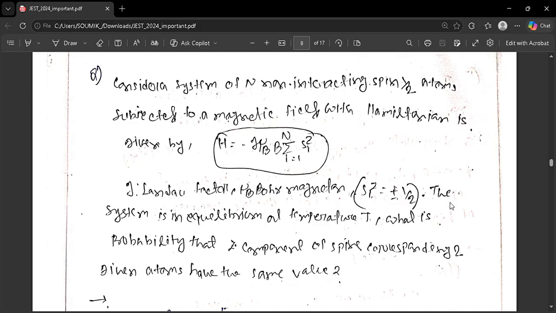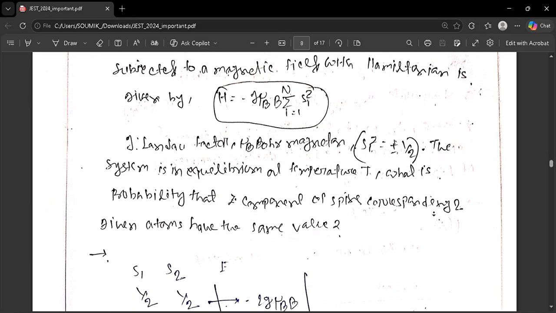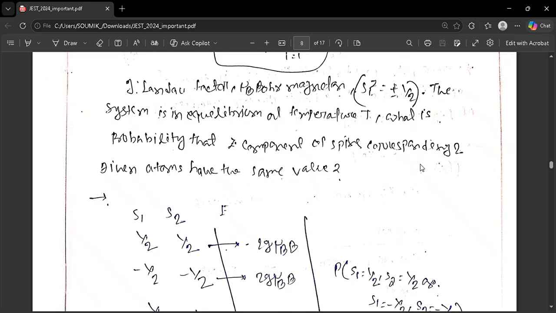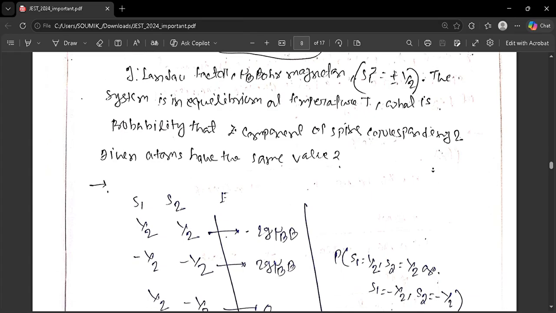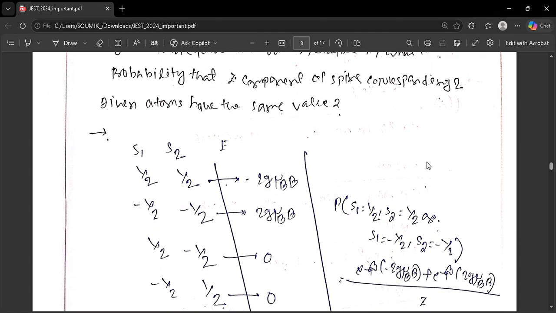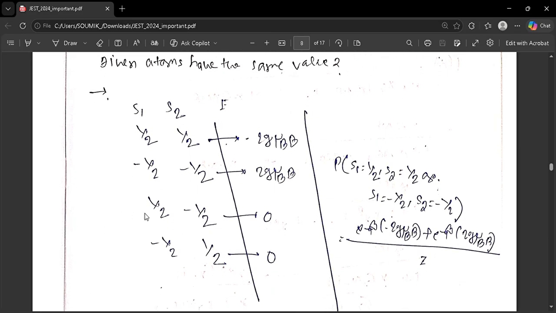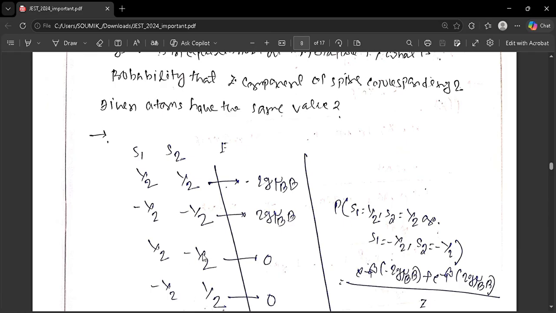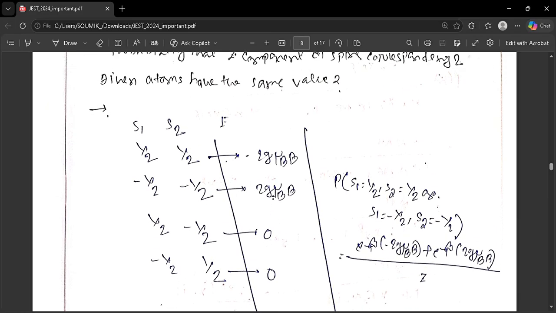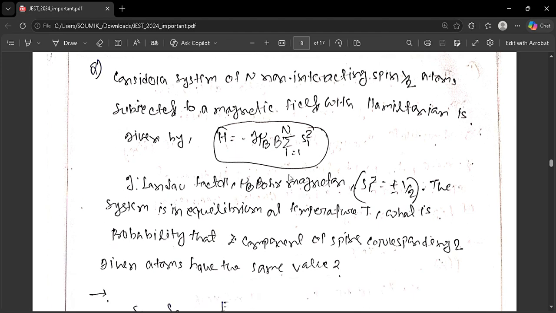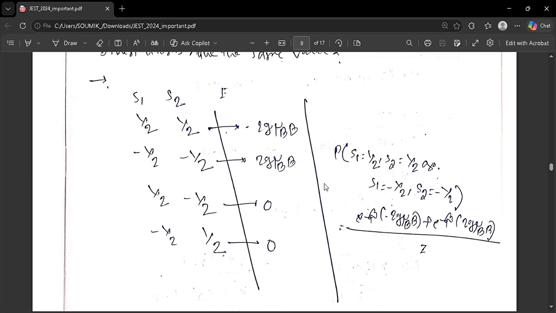Basically we have two atoms, and if we take S1 and S2 as their corresponding z component spins: when both spins are plus 1 by 2, we get this energy. When both spins are minus 1 by 2, we get this energy. When the two spins have different values, 1 by 2 and minus 1 by 2, or minus 1 by 2 and plus 1 by 2, we get this energy. So from this equation I just put the value of S and get the energy.